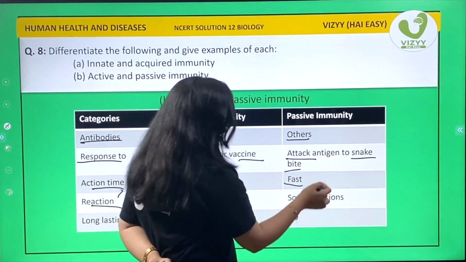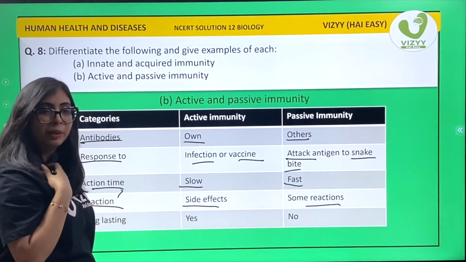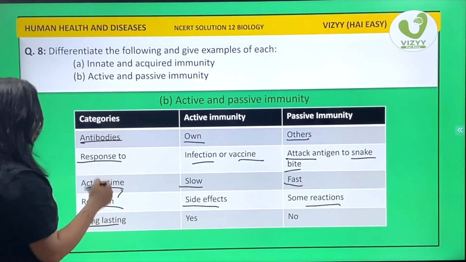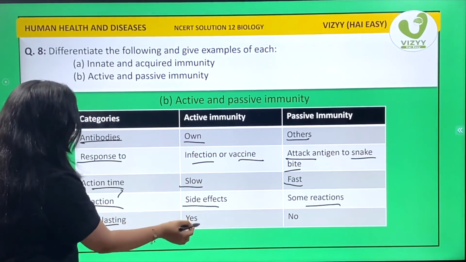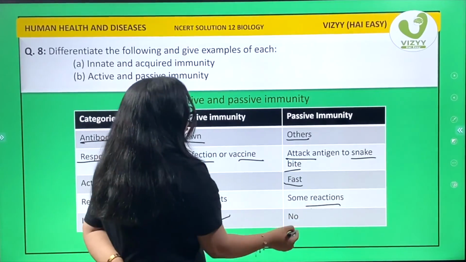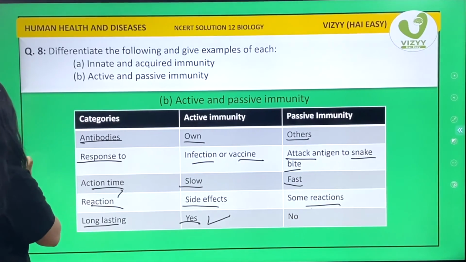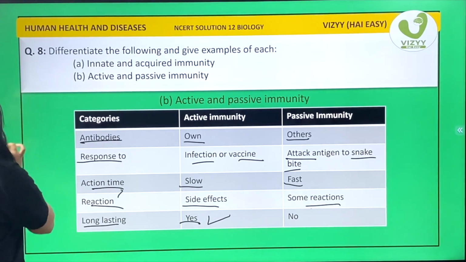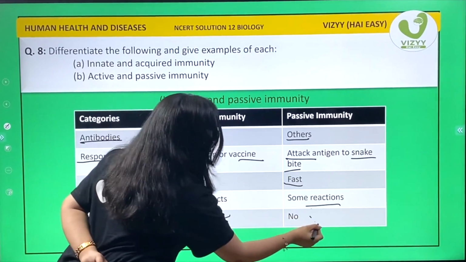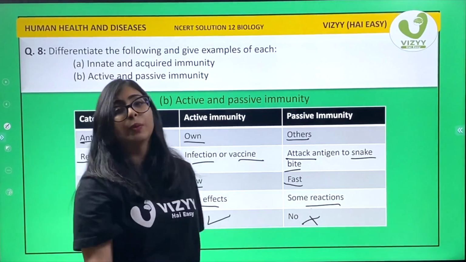It might have some reactions like rashes, heartburn, or something like that. Is it long lasting? Active immunity? Yes. Passive immunity? No, it is not. What, students? It is not long lasting. Okay, students, so we are done with question number 8.